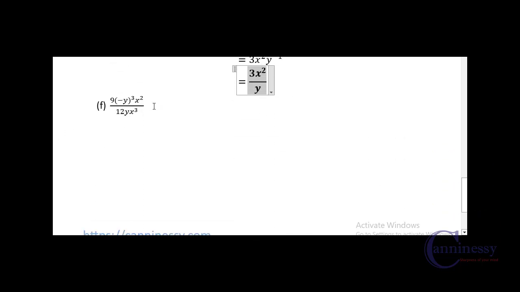Okay, the final one, number F. For number F, we have 9 multiplied by negative y to the exponent 3, x to the exponent 2, all over 12y x to the exponent 3.